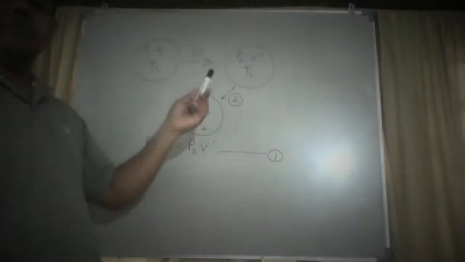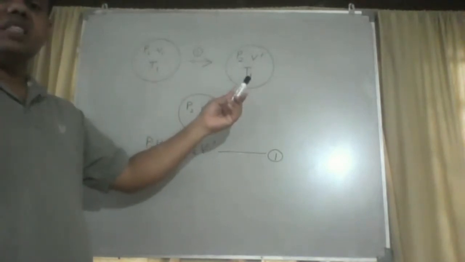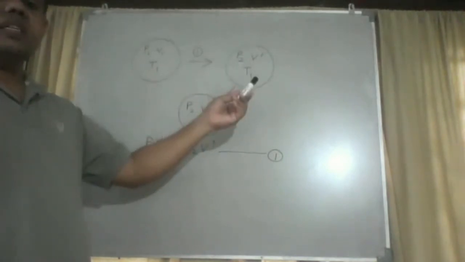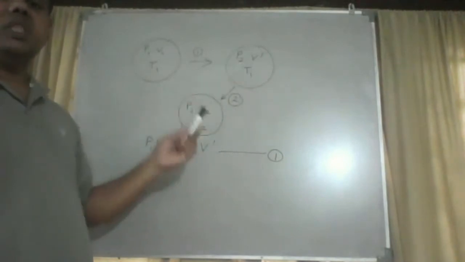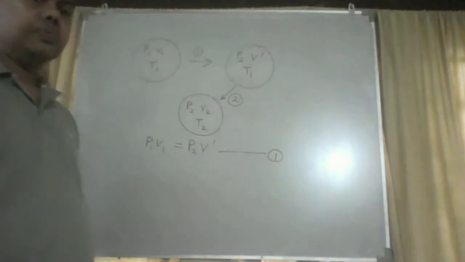Now the second system under constant pressure conditions, if we convert volume V dash into V2 and temperature T1 into T2, according to Charles' law, say equation 2.